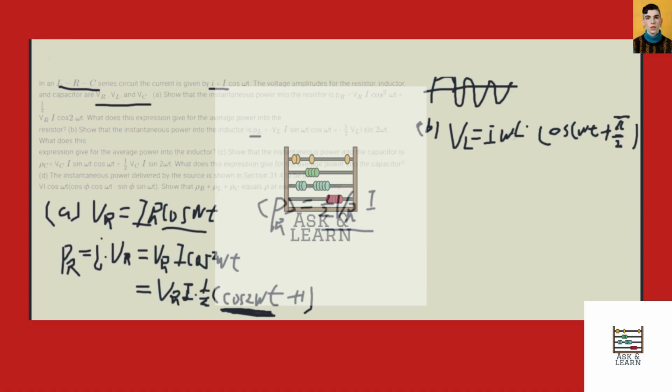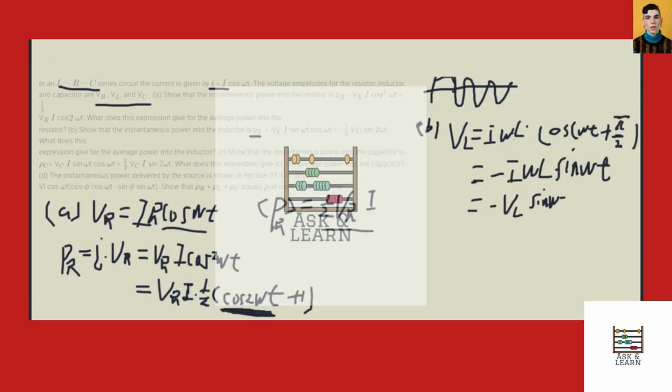So pi over 2 is the leading phase. Okay. And if you simplify this equation, you'll see that this is equal to negative I omega L sine omega t. Or you can say that this is equal to negative VL times sine omega t.